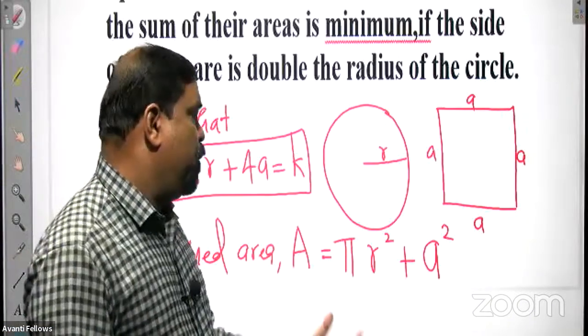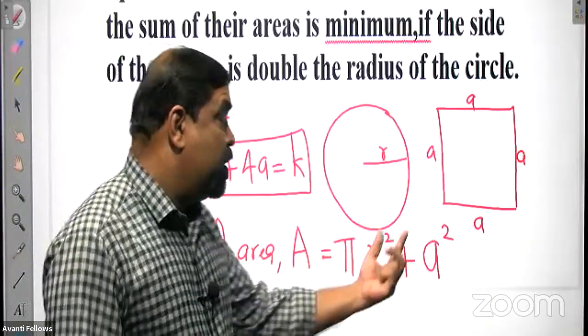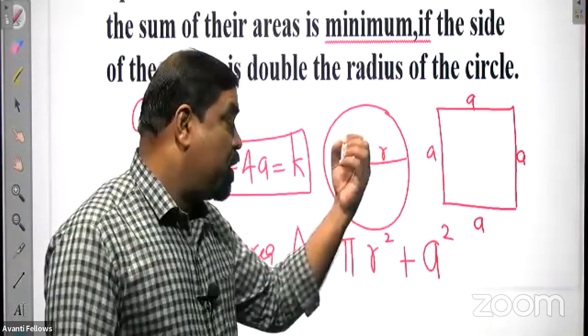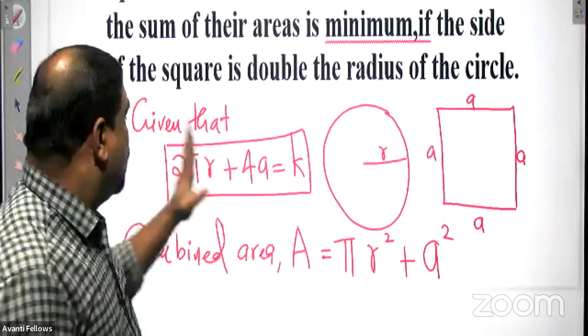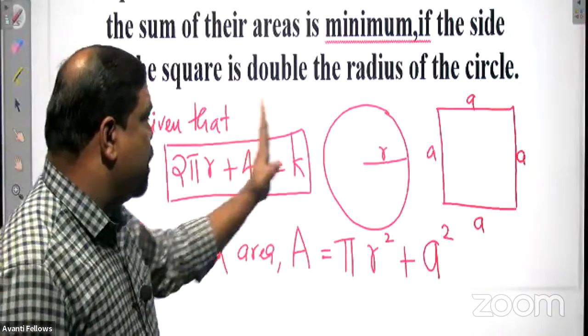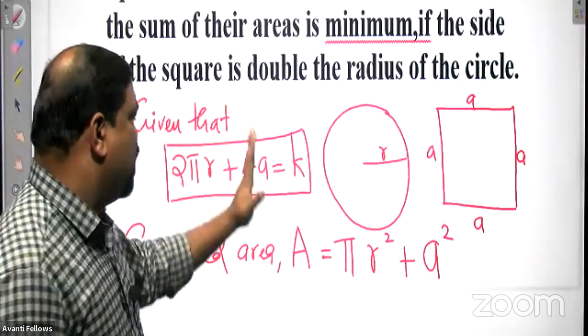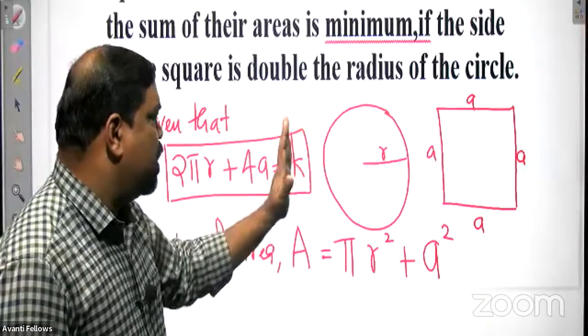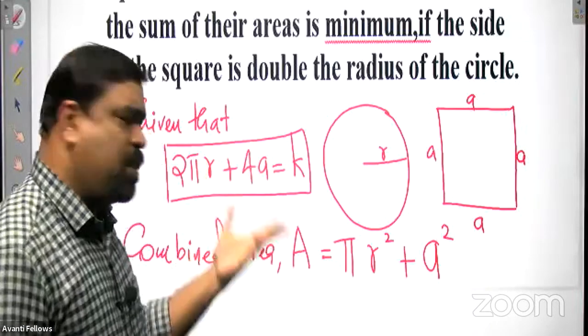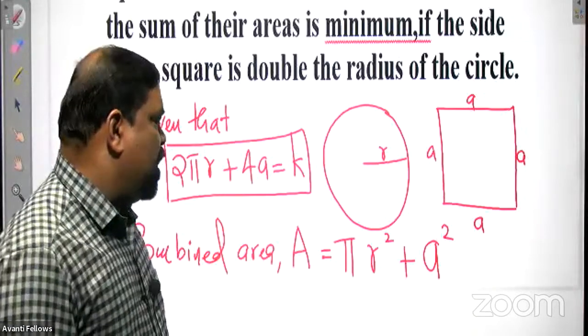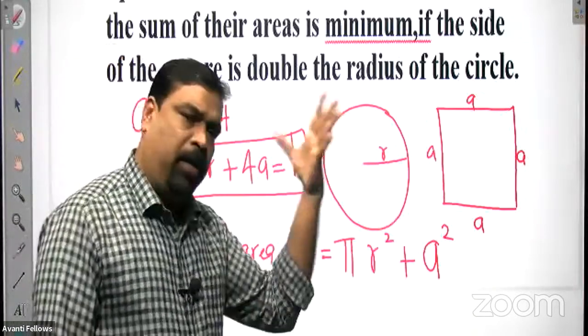But before that, you can see that there are two variables, r and a. So we have to convert to one variable. For that, what is given? 2 pi r plus 4a equal to k. From the first equation, we can get either r or a. One of them we can change. That is up to you. If you want, we can change r. Otherwise, we can change a. Doesn't matter.